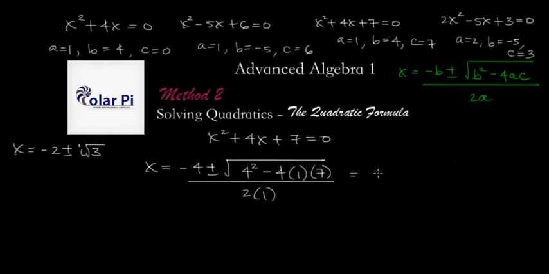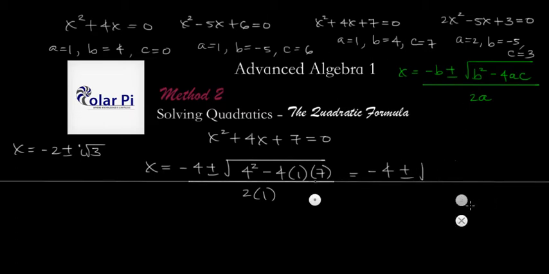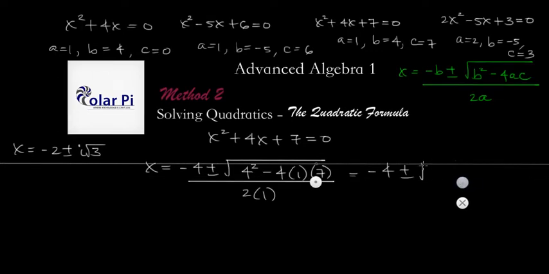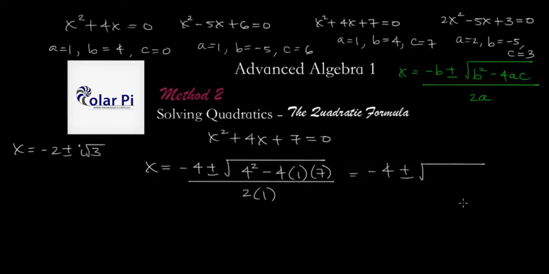So this is negative 4 plus or minus square root of 4 squared, which is 16, and then minus 4 times 1 times 7 is minus 28. 16 minus 28 is negative 12, so let's just write negative 12. And then all of this divided by 2.